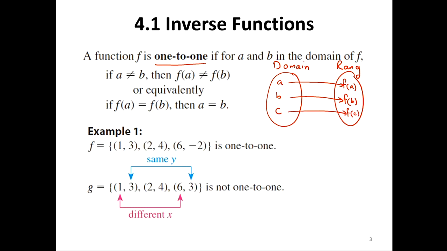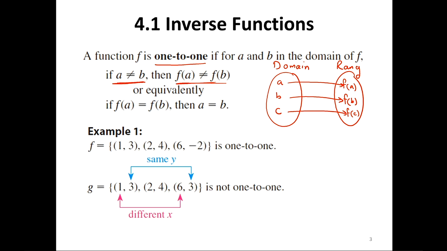So we cannot find A and B different but f(A) equal f(B). So the main condition for one-to-one function: if A and B are different, then f(A) and f(B) must also be different.